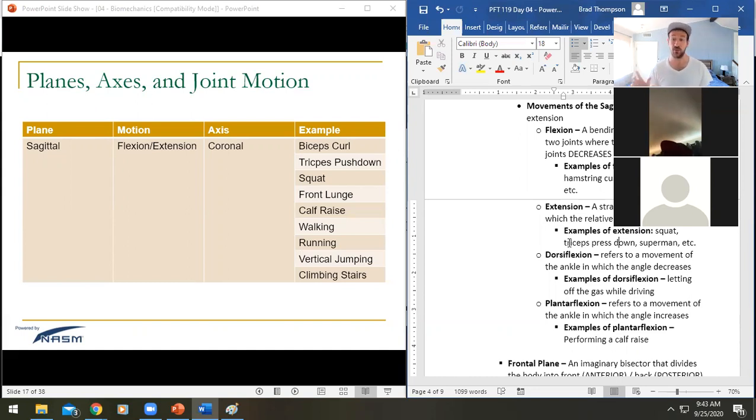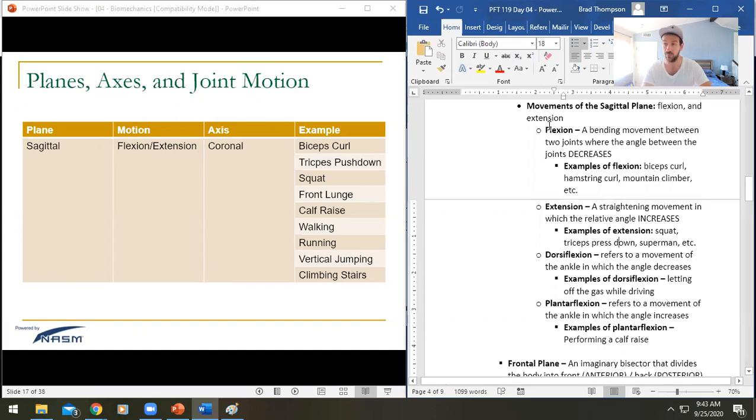Don't pay attention to the direction, pay attention to the angle. I'm standing at 180 degrees and bending down to maybe 90 degrees. So those are both sagittal plane movements, moving front to back.